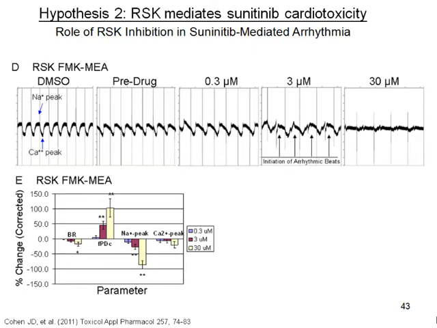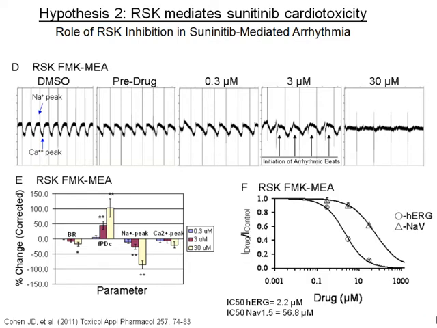On to RSK. With as low as 0.3 micromolar, we saw decreases in the beat rate as well as in the sodium channel, and by 3 micromolar, it had more significant decreases, as well as a decrease in the calcium as well.